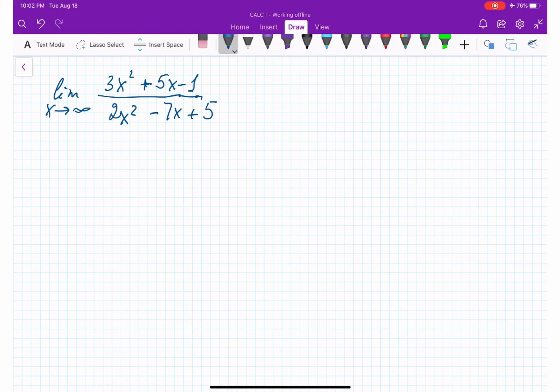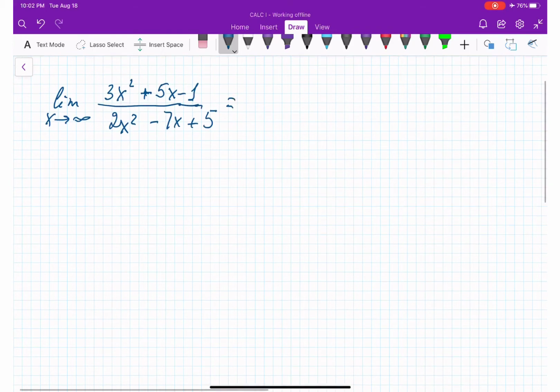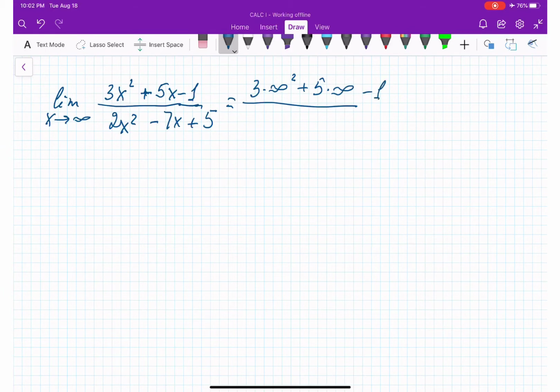Since x approaches infinity, let's plug in and see what we are getting. 3 times infinity squared plus 5 times infinity minus 1, over 2 times infinity squared minus 7 times infinity plus 5. So what do we get?